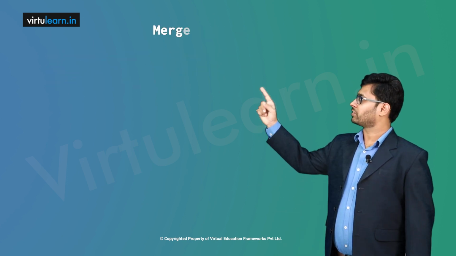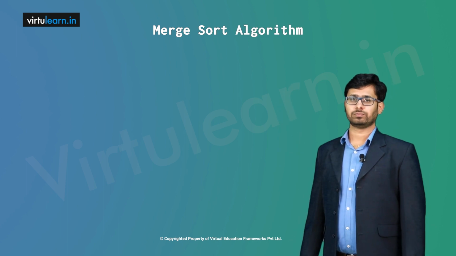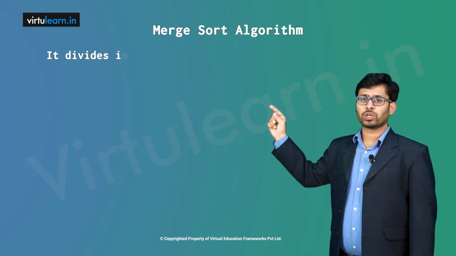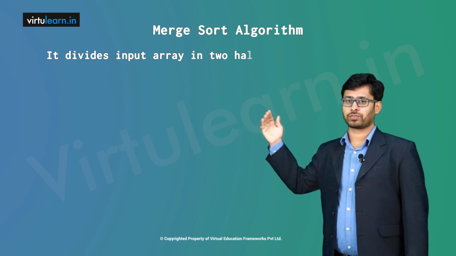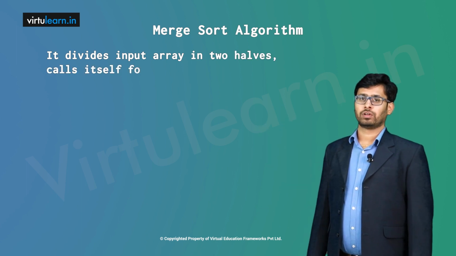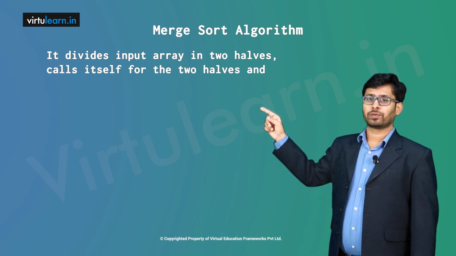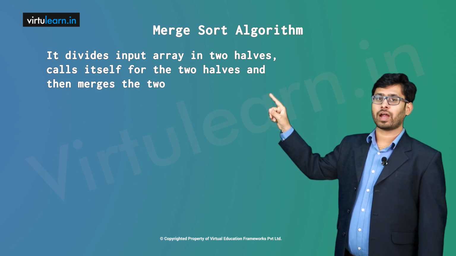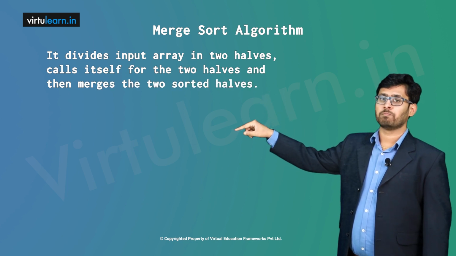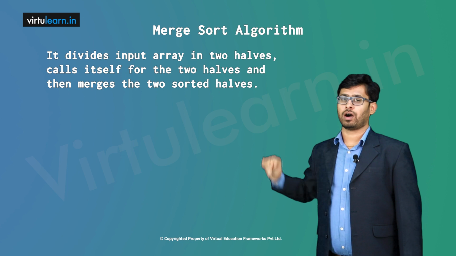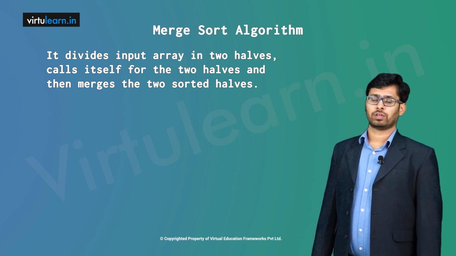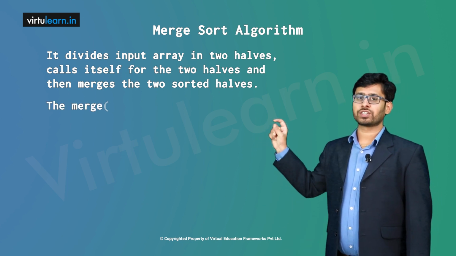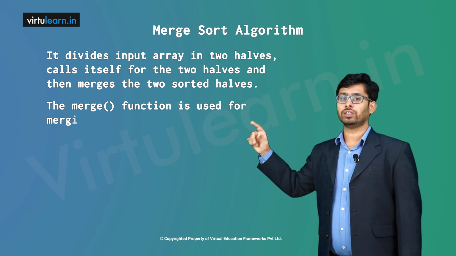Let us see the merge sort algorithm. It divides an input array into two halves, calls itself for the two halves and then merges the two sorted halves. The merge function is used for merging the two halves.